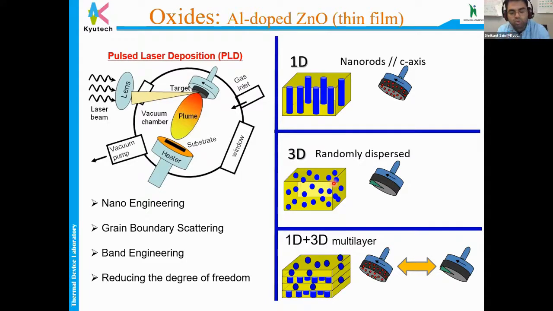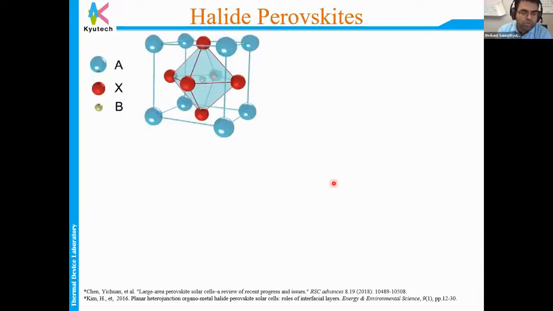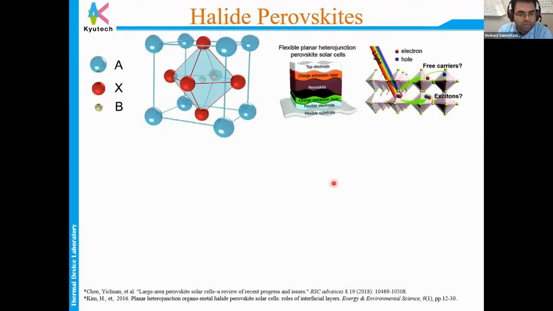Now I will show you the approach which we use for thin films at room temperature application. For that purpose, we are using halide perovskite. Halide perovskite is a new material from the thermoelectric performance point of view, and it is especially known for some of the best performance in solar cell application.